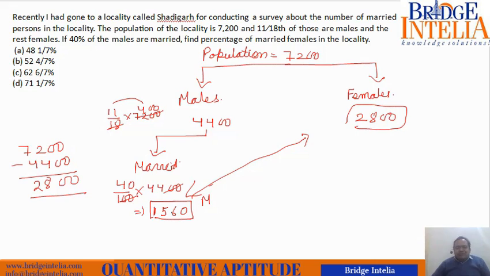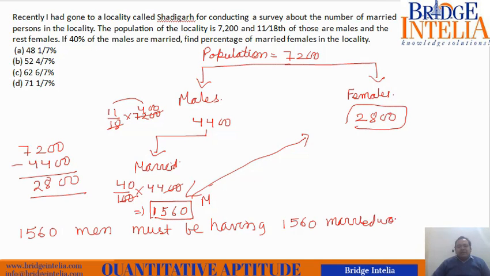So if 1,760 men are married, they must be having 1,760 married women as their partners.